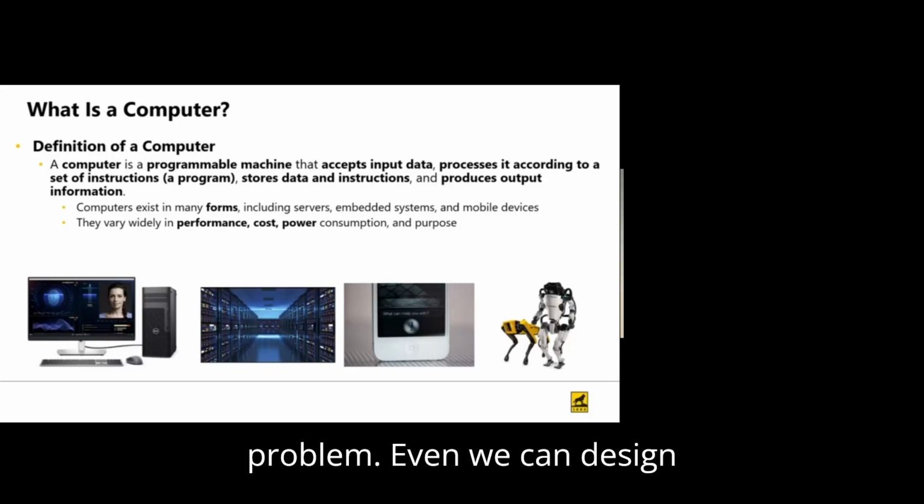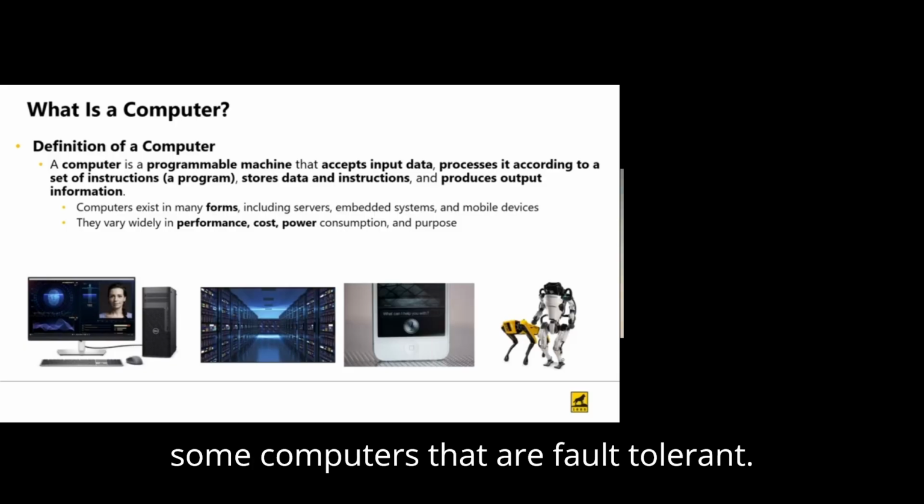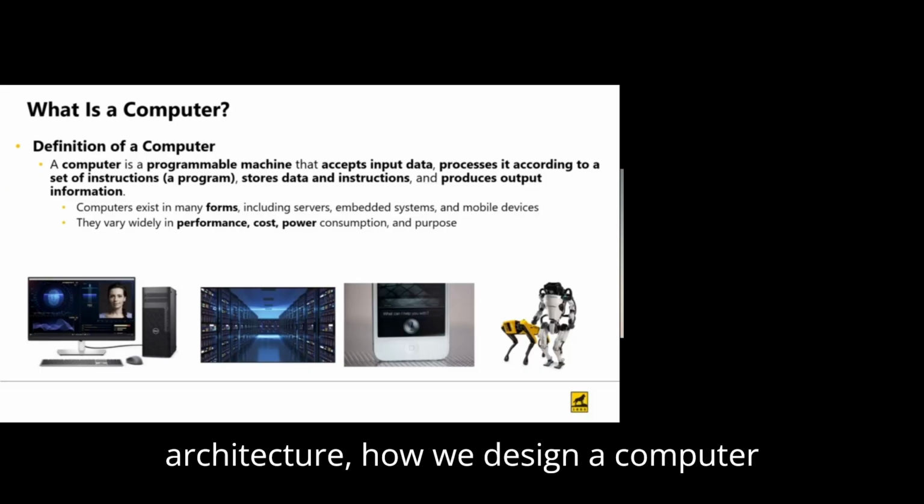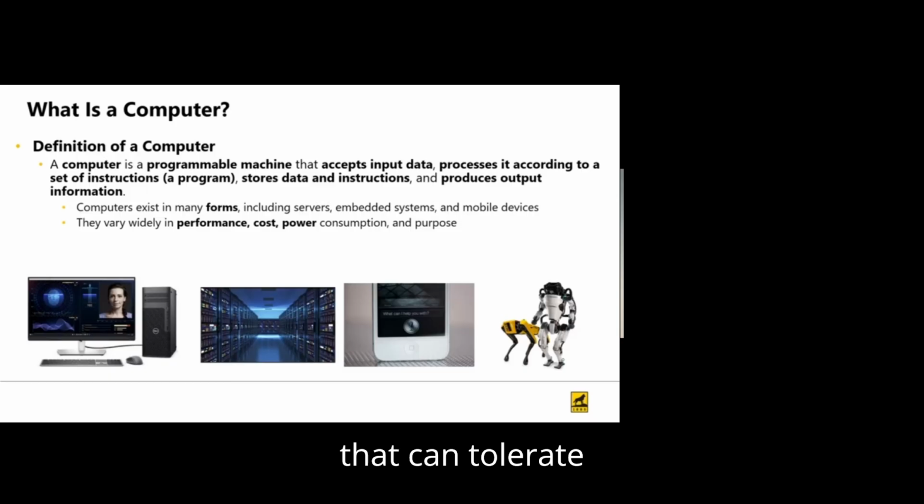We can even design some computers that are fault tolerant. Fault tolerance is one subject in computer architecture: how we design a computer that can tolerate a fault, to not make failure.